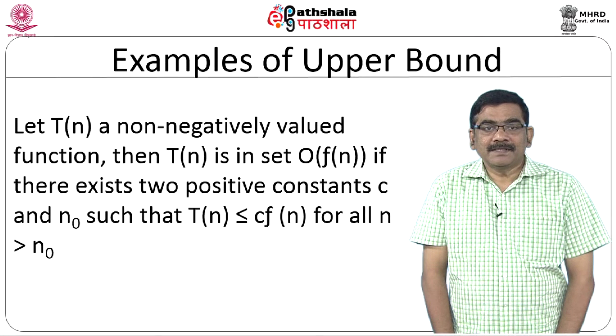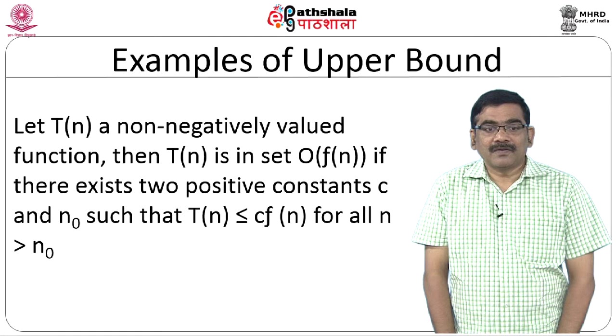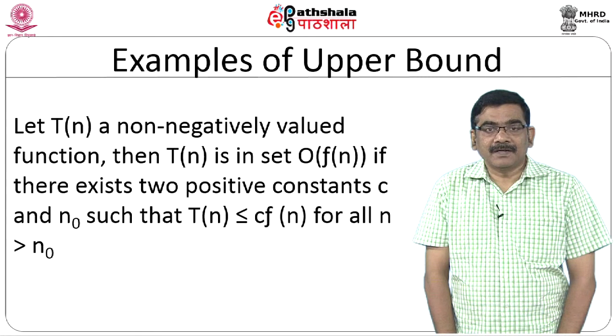Once we have this maximum number of operations, then we will try to represent that using this particular formal definition. Suppose T of n is going to be the complexity function, then we can say that T of n is in the set order of f of n if there exist two positive constants c and n naught, such that T of n is less than or equal to c into f of n for all n greater than n naught.